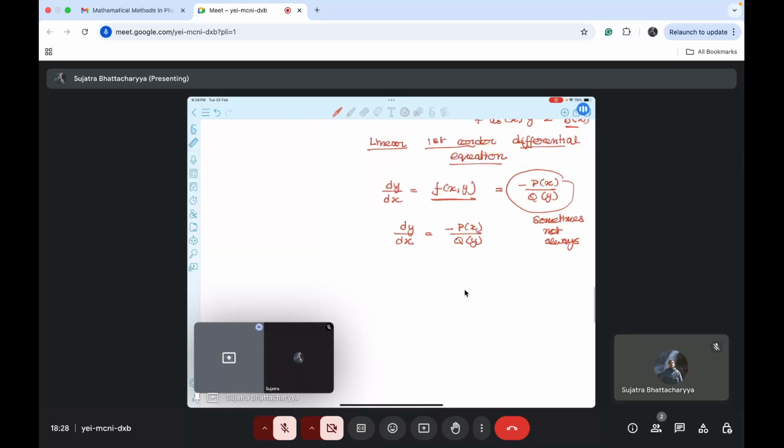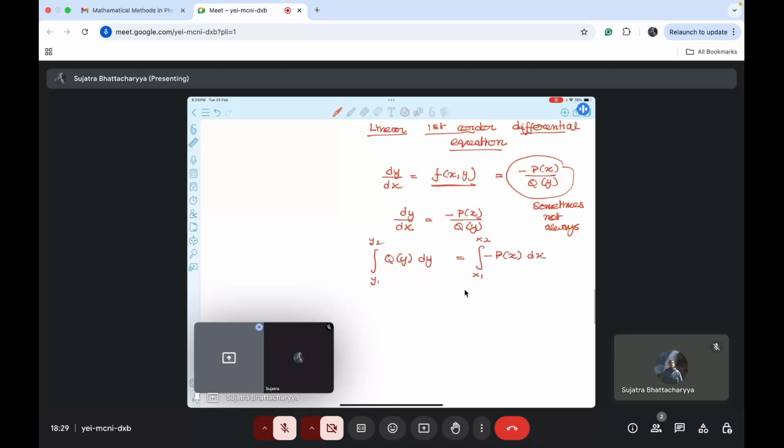Clear? This is done. Next, what we will do? Just the integration. That's all. Integral of q of y dy, and this will give you minus integral of p of x dx. No requirement of this minus sign, you can remove it. I have just given it on my own. That's all. y1 to y2 and x1 to x2. You integrate and you will find an equation of y in terms of x. Okay.